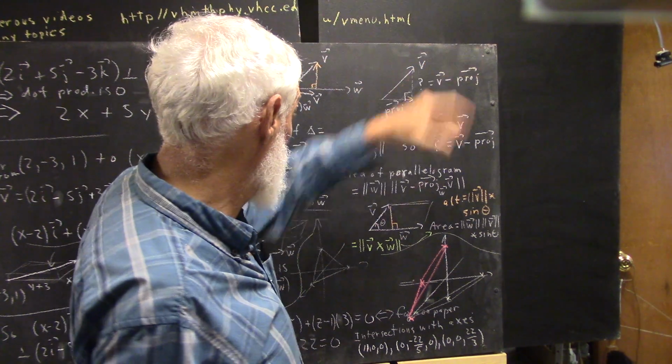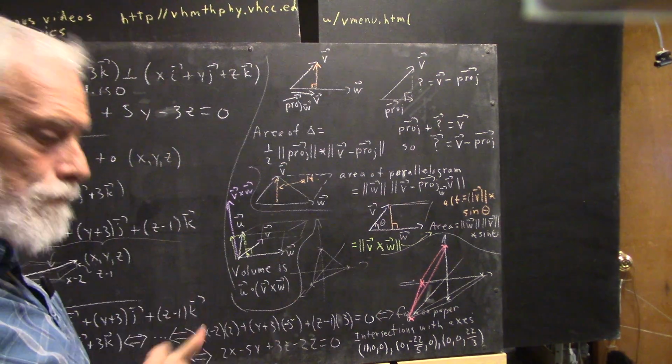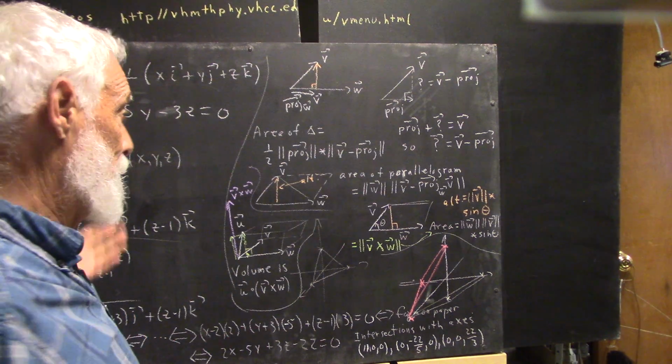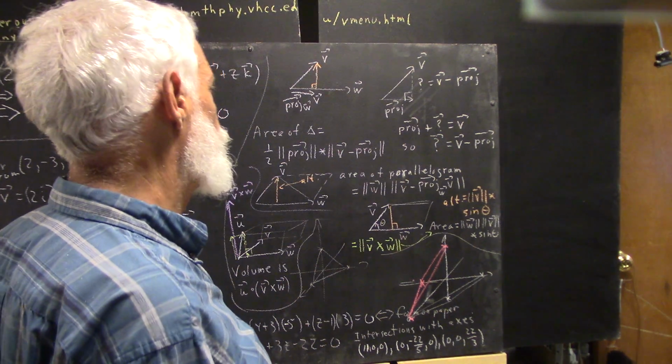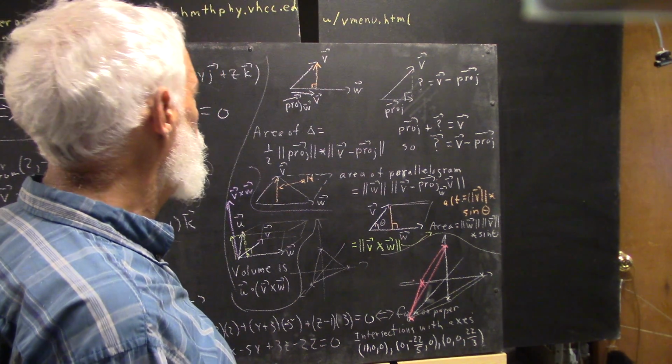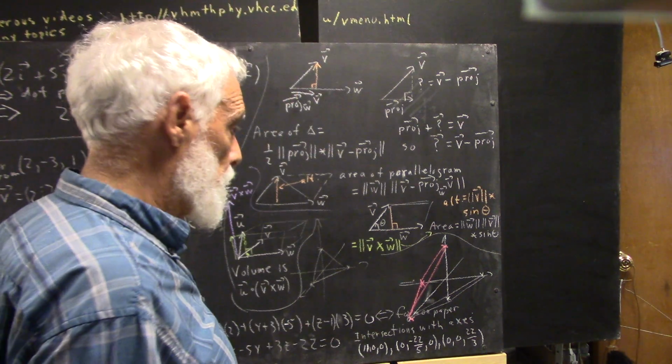Now I've written it down here, of course, so it's already given away, but in class we worked on this for a little bit, and I said, what two vectors here add up to what other vector?